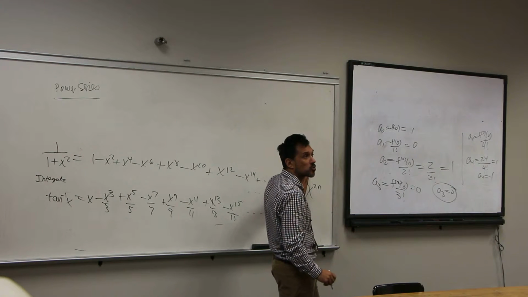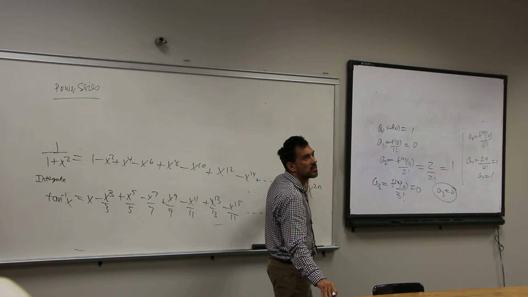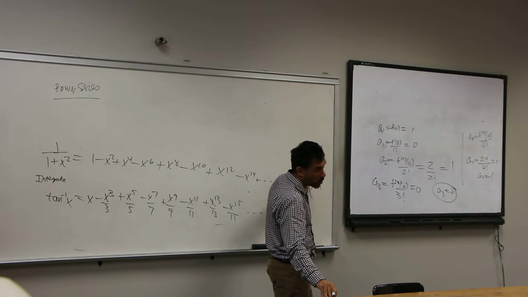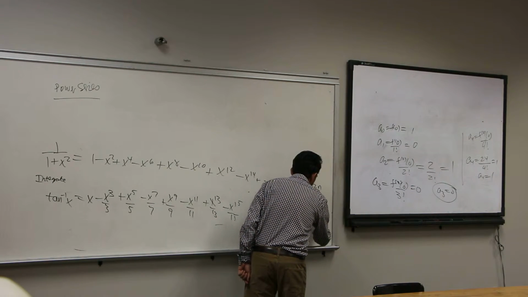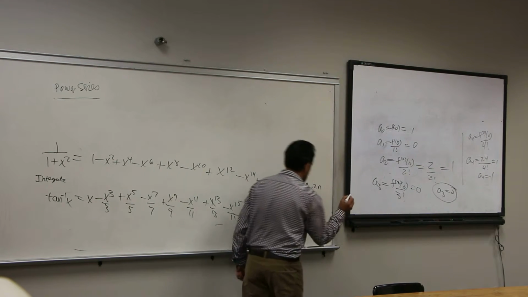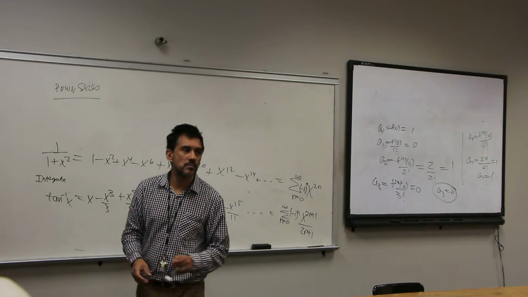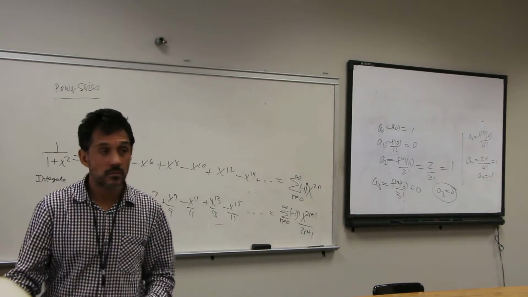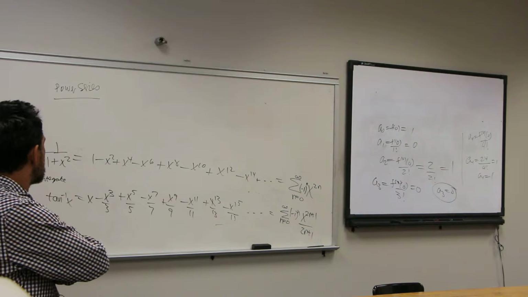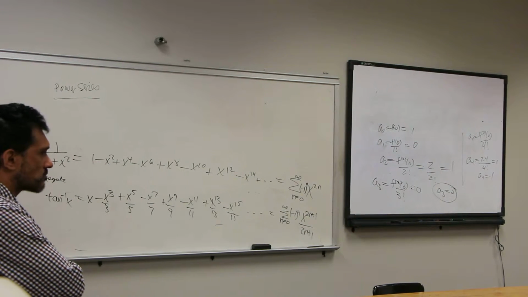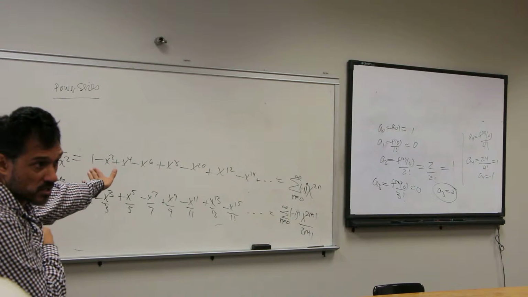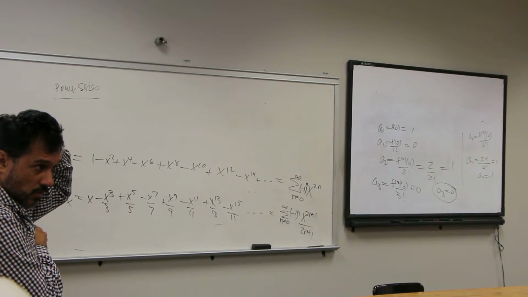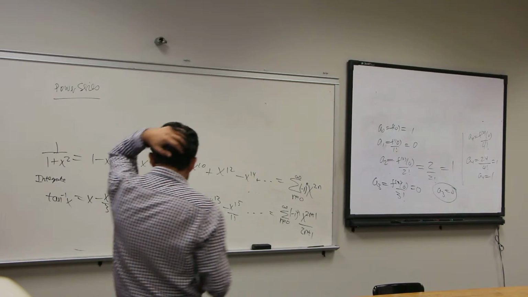The integral of x to the power 2n is x to the power 2n plus 1 over 2n plus 1. This is a very, very nice series.